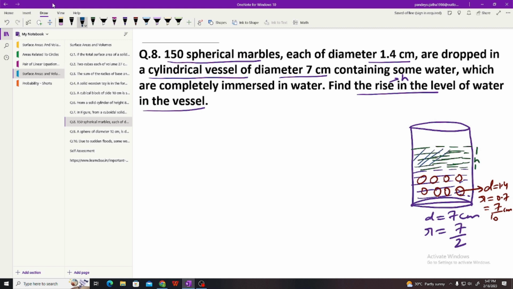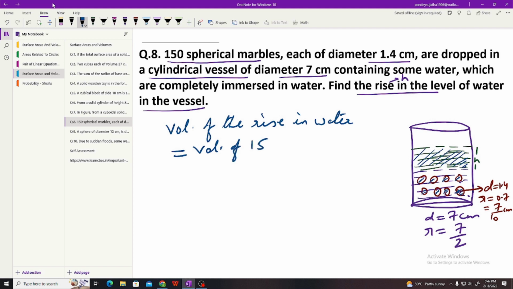Volume of this water will be equal to the volume of the marbles placed inside the vessel. So here, the volume of the rise in water will be equal to the volume of 150 marbles.